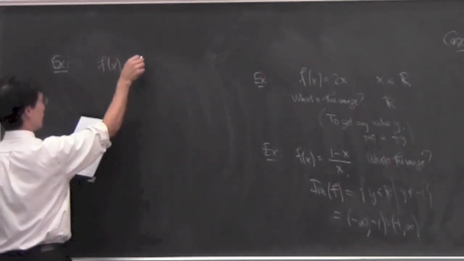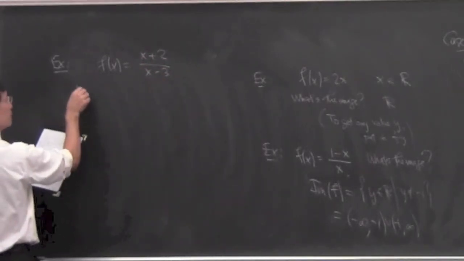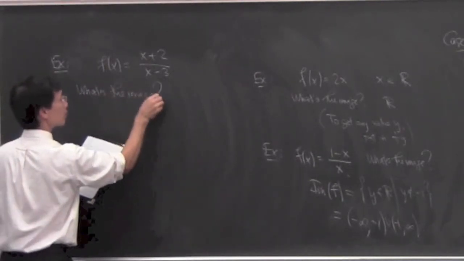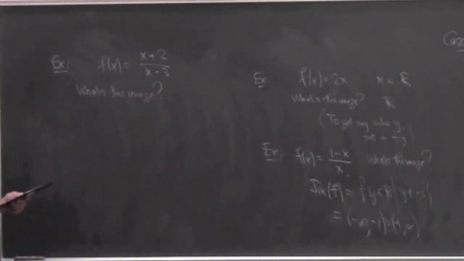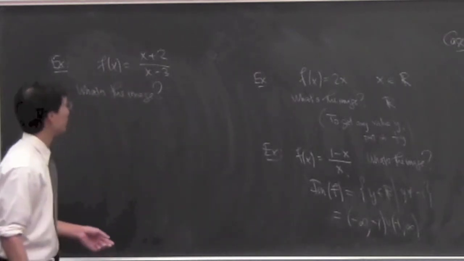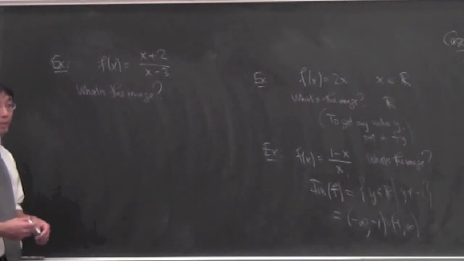Here's another example. What's the image? Given an arbitrary y, can we get it as an output?